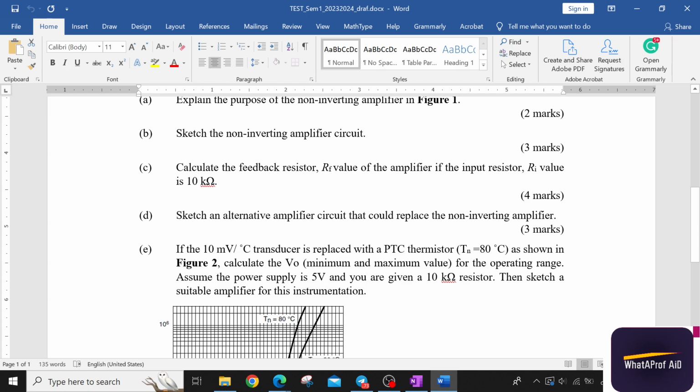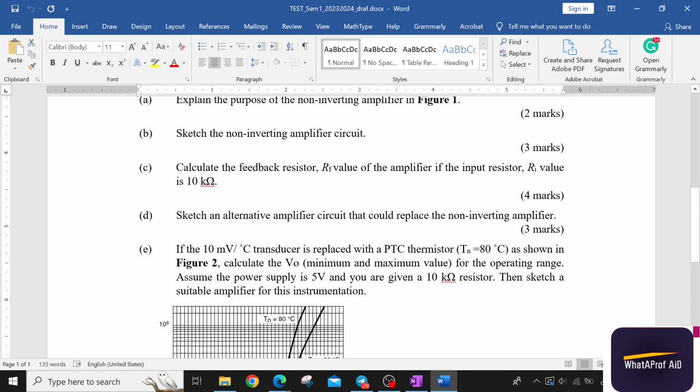Why can you not use a differential amplifier for this case? Must use an inverting amplifier. Because it's 0 Celsius, and that 0 Celsius will produce 0 volt here, the minimum voltage.